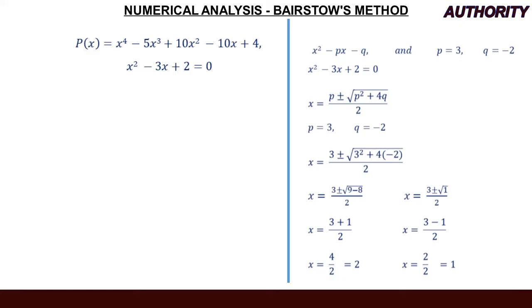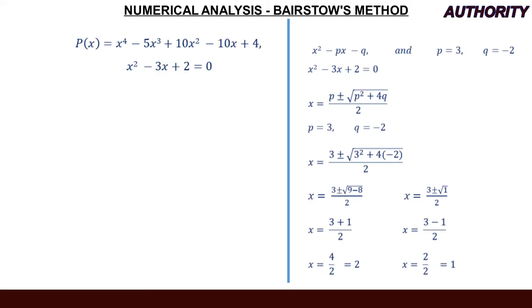P of x is equal to q of x multiplied by the quadratic polynomial. And we said if you want to find the q of x, you say p of x divided by the quadratic polynomial. And then we say you can use any method.